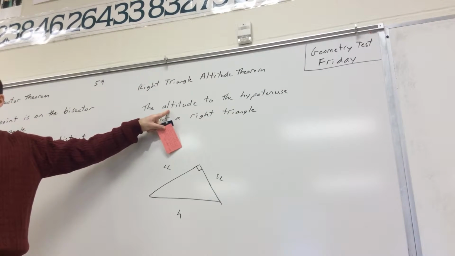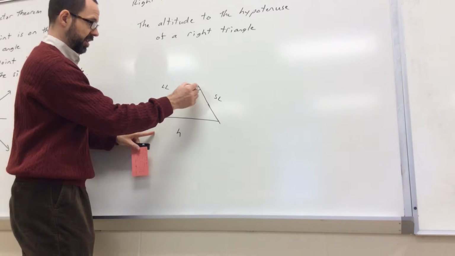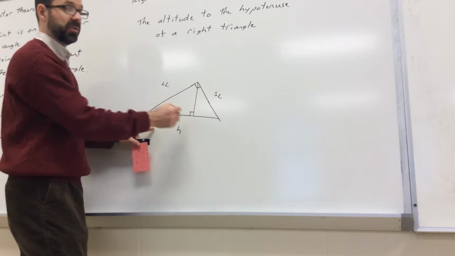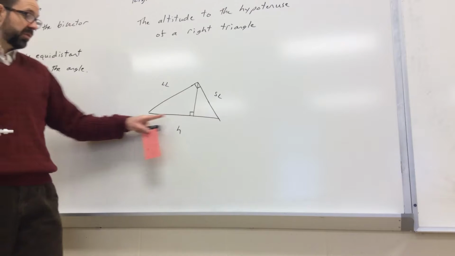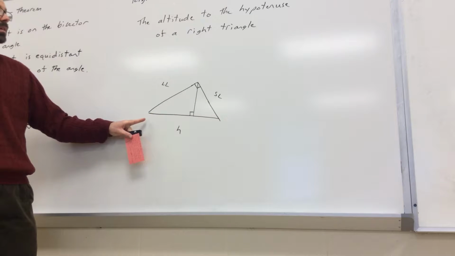The altitude is a fancy word for height. So they're drawing in the height of the triangle. So that's the altitude to the hypotenuse of the right triangle.